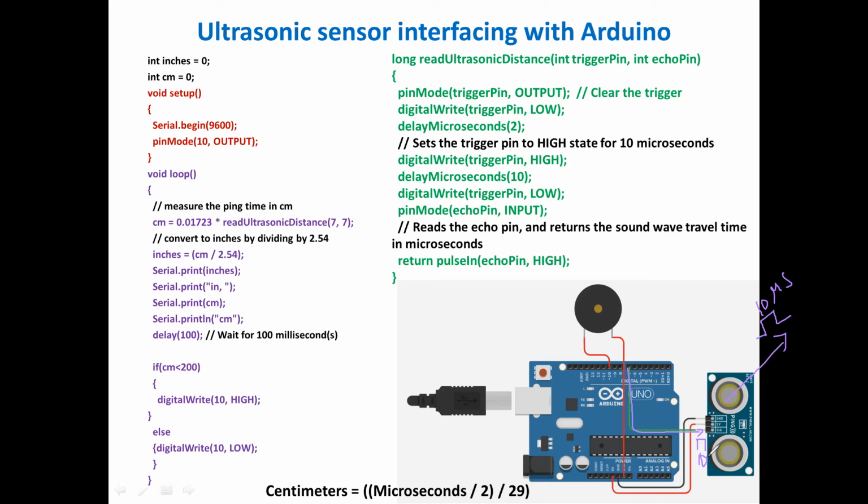If you give 10 microseconds, automatically the transmitter is going to send the pulse burst. This pulse burst is going to hit the object and return back.